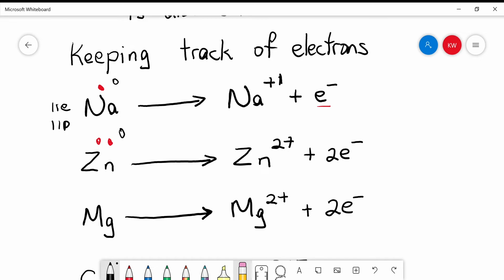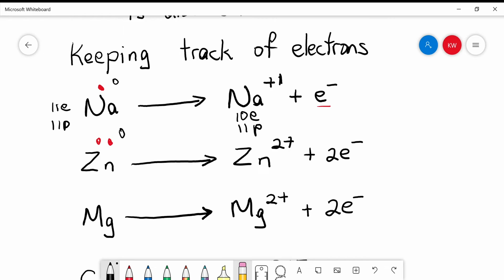When it lost an electron, we're going to have 10 electrons and still 11 protons, because we're not going to change anything inside the nucleus. The only thing we are doing is removing this electron. So here we will end up with a 1 plus charge.